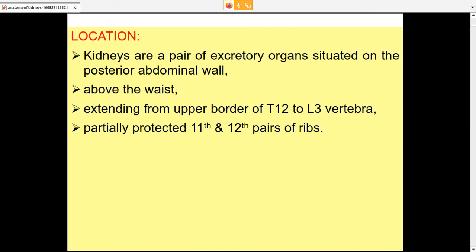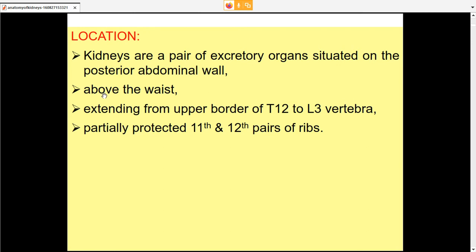First we can identify the gastrointestinal system, that is the stomach on the left side, then the liver on the right side, then other areas are occupied by the coils of the jejunum and the large intestine. Behind all these abdominal organs, behind the gastrointestinal tract, we can identify a pair of excretory organs called kidneys.